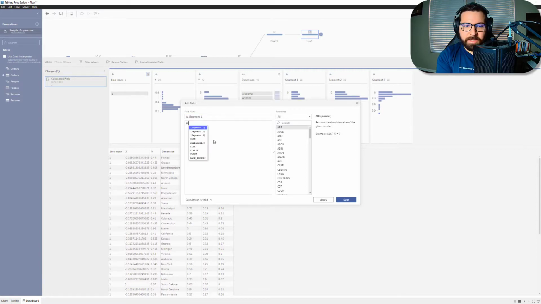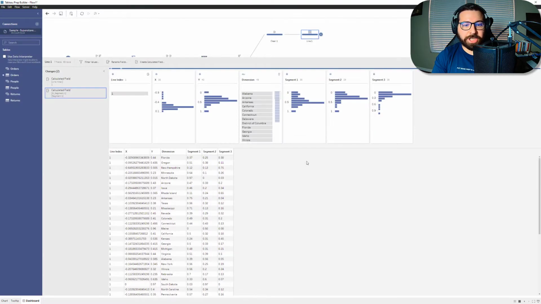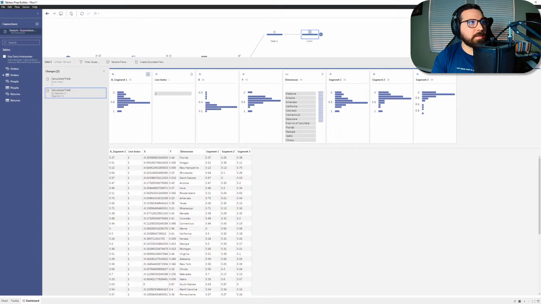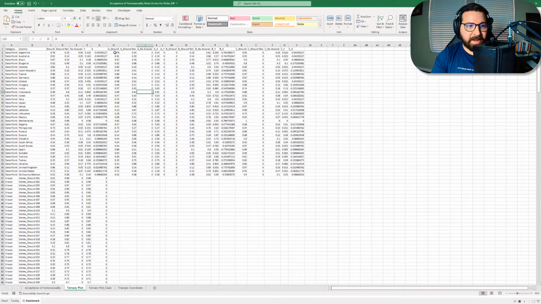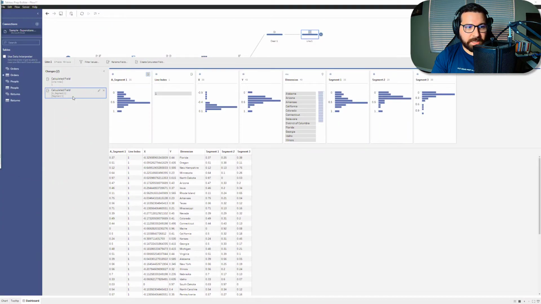And this is going to be just a copy of segment 1. Because if we look in our sheet, again, let me go to the unpivoted version. In the first line, A underscore is just a copy of our original value. Okay, and so that's what I did here.